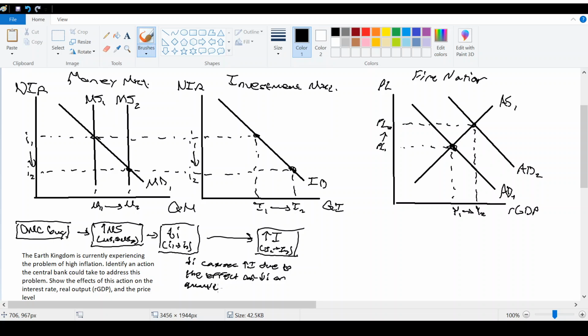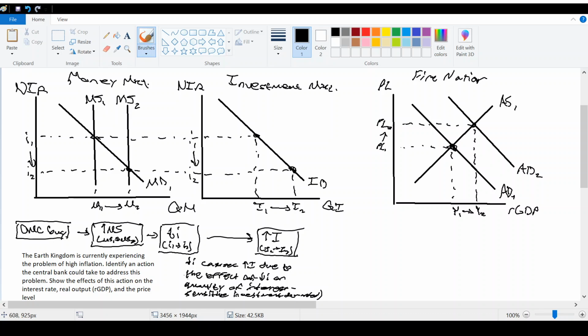This is the key part. Quantity of interest sensitive investment demanded.